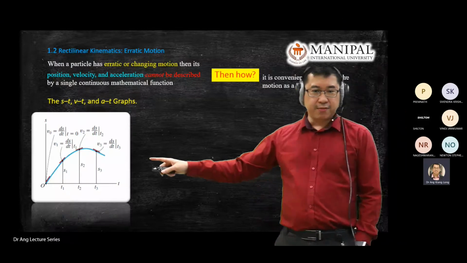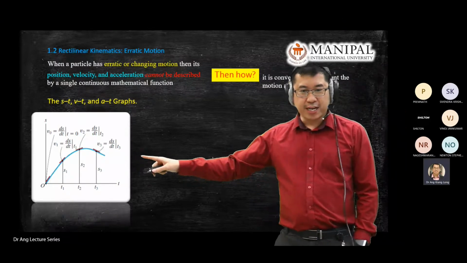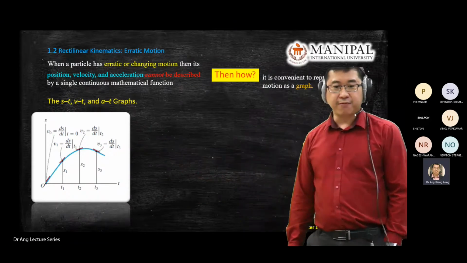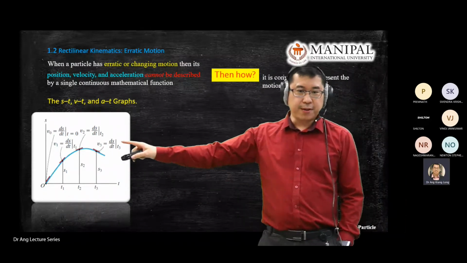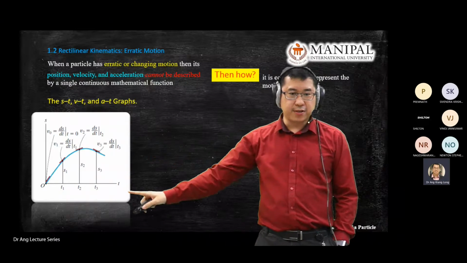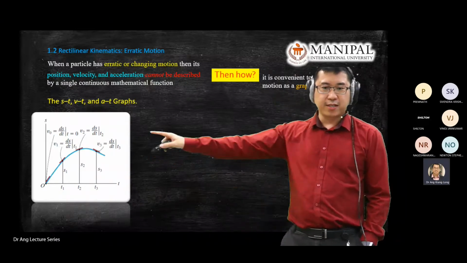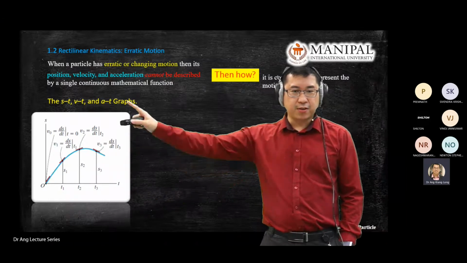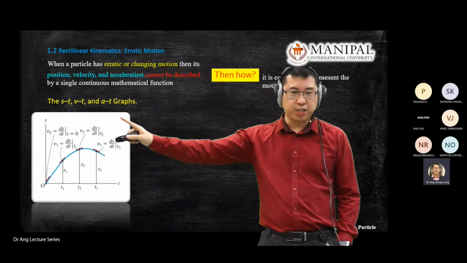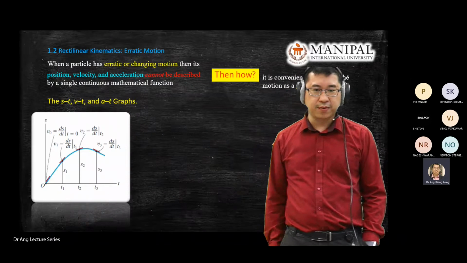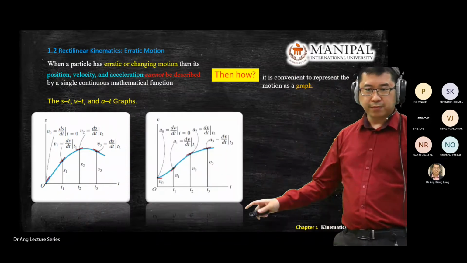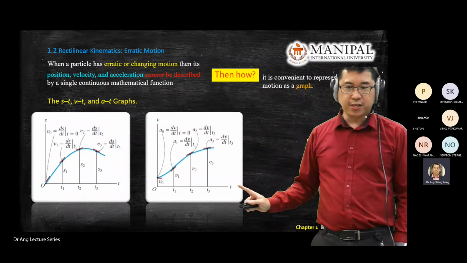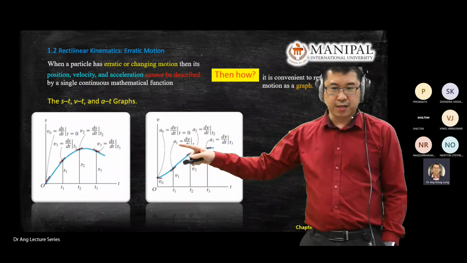First type of graph. Okay, there is lots of writing here, but just recognize the axis of the graph. First type of graph is ST, which is S versus T, which is displacement versus T, or you can say location or position versus T. Second type, velocity versus T. Ignore all this at the moment.